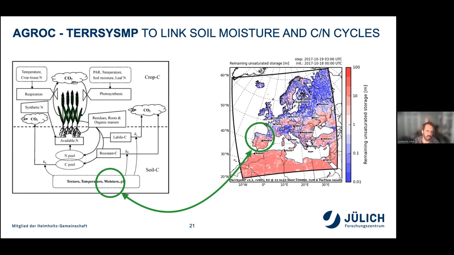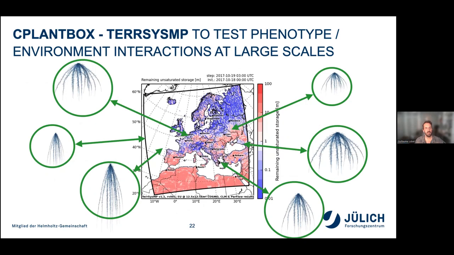So there is a real interest to make couplings between these two so they can exchange information. One example would be for TSSMP to inform AgroC about the soil moisture, because the soil moisture will influence the different processes, the different metabolic rates within the soil, and so on. So that's the first coupling that we are exploring right now.